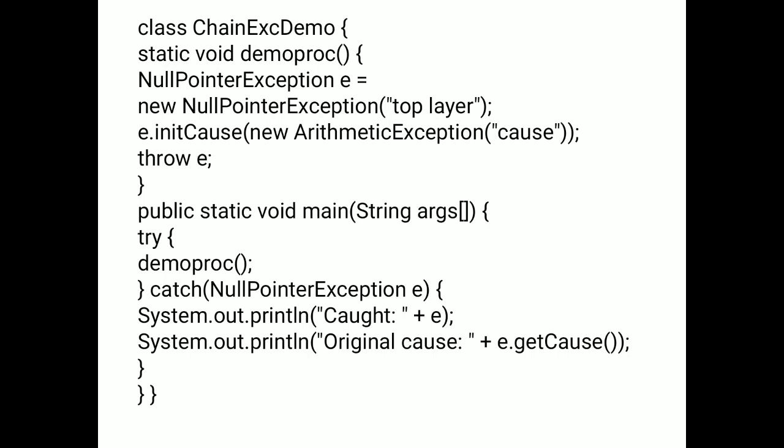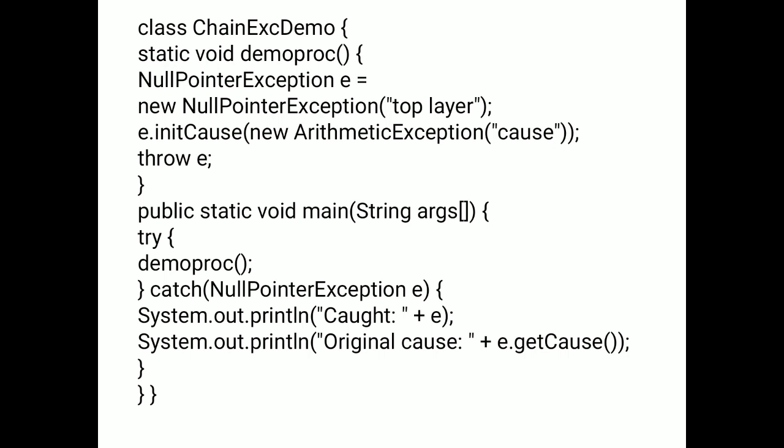So here a class is created, ChainExcDemo. A static void demoproc method is written. Now NullPointerException e is equal to new NullPointerException, that is the top layer. That is nothing but you are creating your own exception, NullPointerException. Now we are initializing the cause of that, e.initCause ArithmeticException.